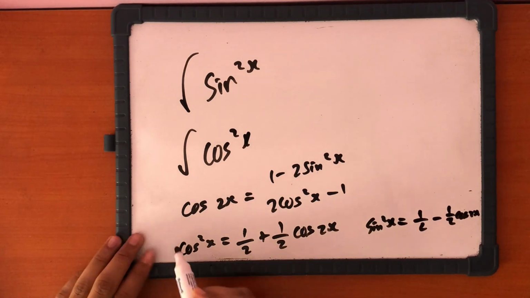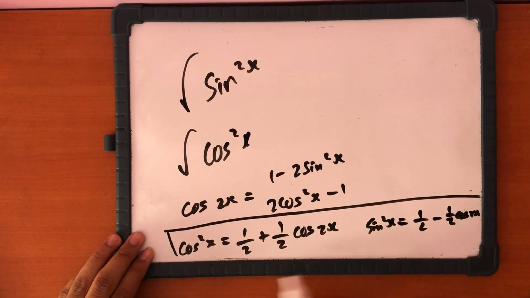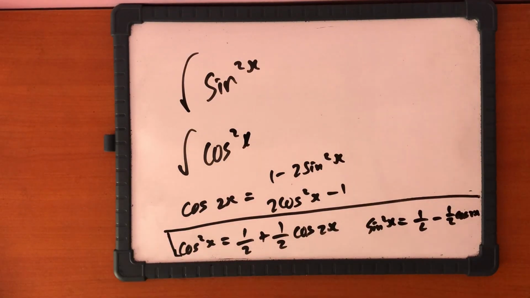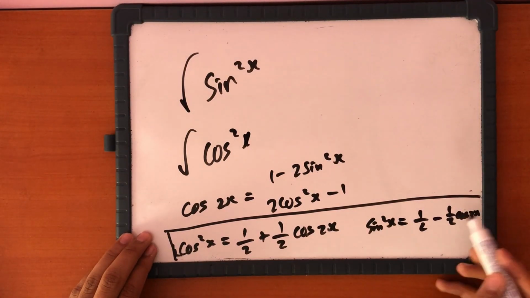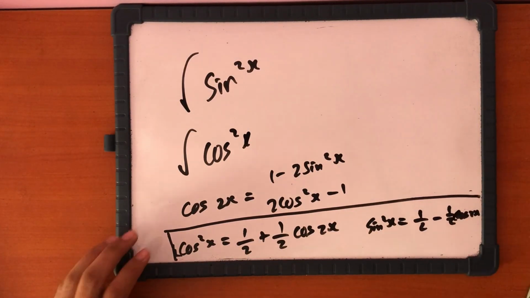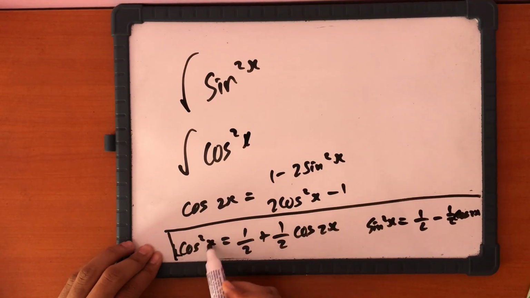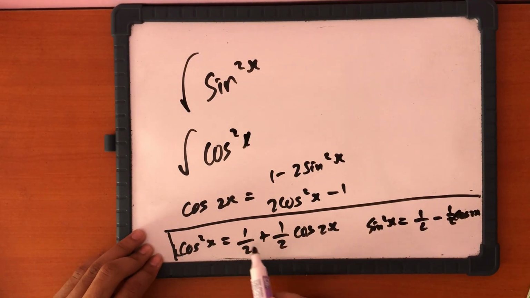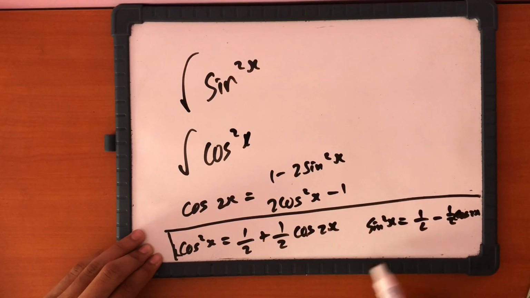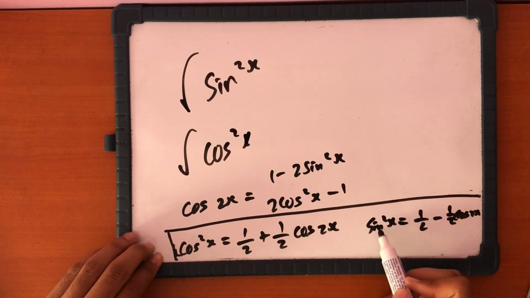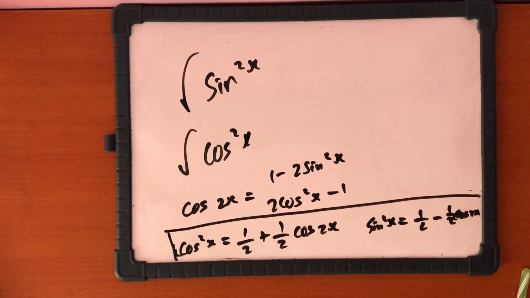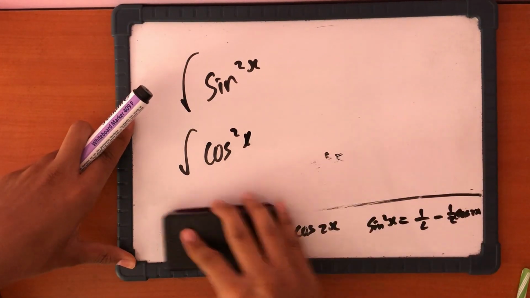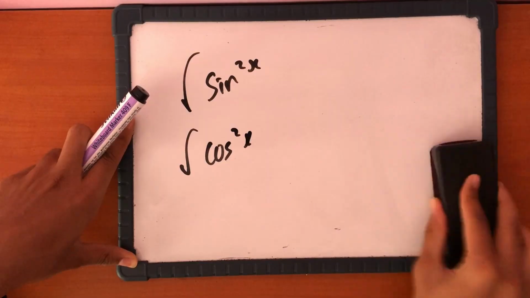This is also part of the most needed trig functions I listed, just that it can be derived from here, so I didn't list it. But these two are also very key because of integration. When we are told to integrate cos squared x, we have to know that it's the same as half plus half cos 2x. When we're told to integrate sine squared x, we should know that it's the same as half minus half cos 2x. From there, we are now able to solve many hard questions, P3, P4.